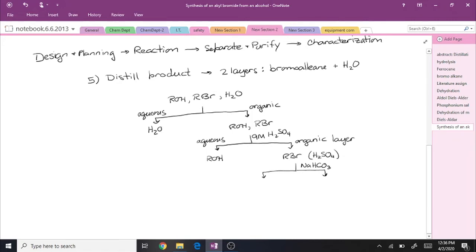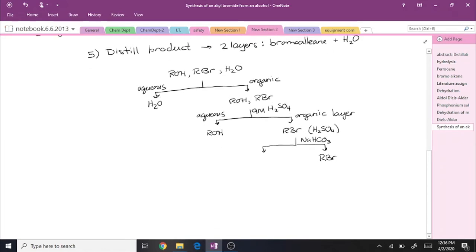Sodium bicarbonate is a base, so it will react with any residual acid. If you have a small amount present, it will react with that. And so the aqueous layer, the water, again the sodium bicarbonate is dissolved in water, will contain the sulfuric acid. Although at this point technically it's not sulfuric acid, since we will have had a reaction, it will be sodium sulfate as our product that's in the aqueous layer.